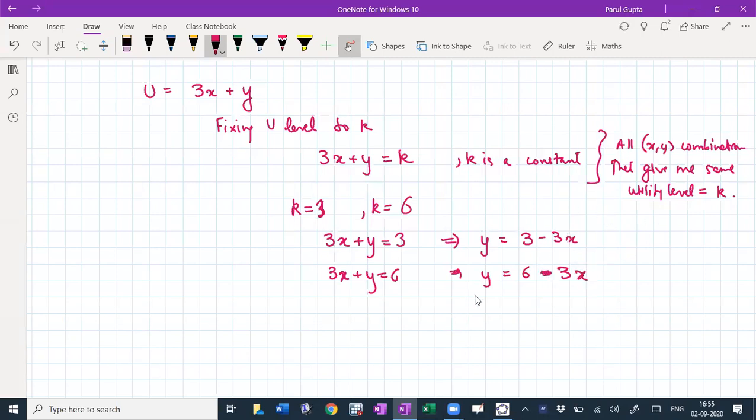So these now are linear equations which I can also attempt to draw in 2 dimensions. Can someone give it a try? How will we draw these two? Let's draw this one first. What is the vertical intercept of this equation? What is the horizontal intercept?